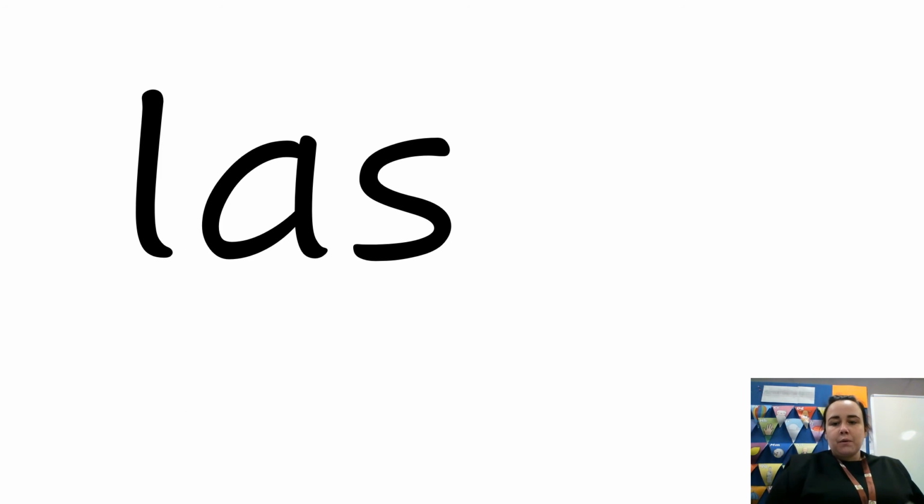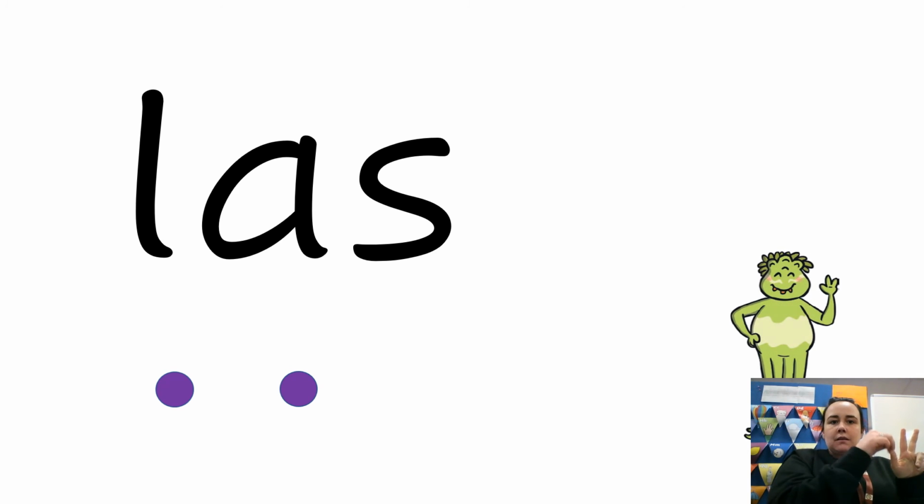And our next pseudo word, we're going to put our sound buttons, digraph lines if there are any. You pause me and then we'll do it together. Are you ready? Let's go. U, a, s, l, as, las. Well done.